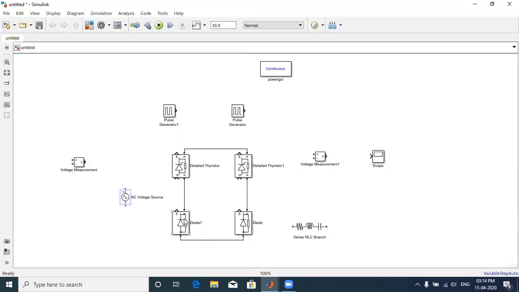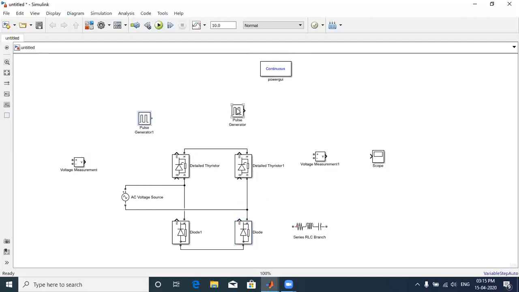This is the AC source which will be there in between the input. So I will connect the AC source. This is pulse generator 1, pulse generator 2. They will go to the respective thyristors. Okay, you can rename them. Pulse generator 1, pulse generator 2.